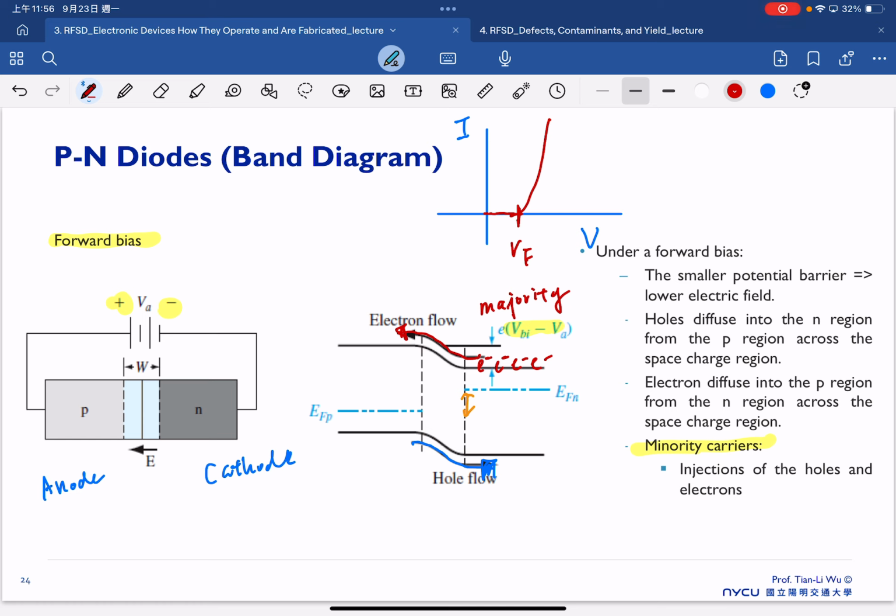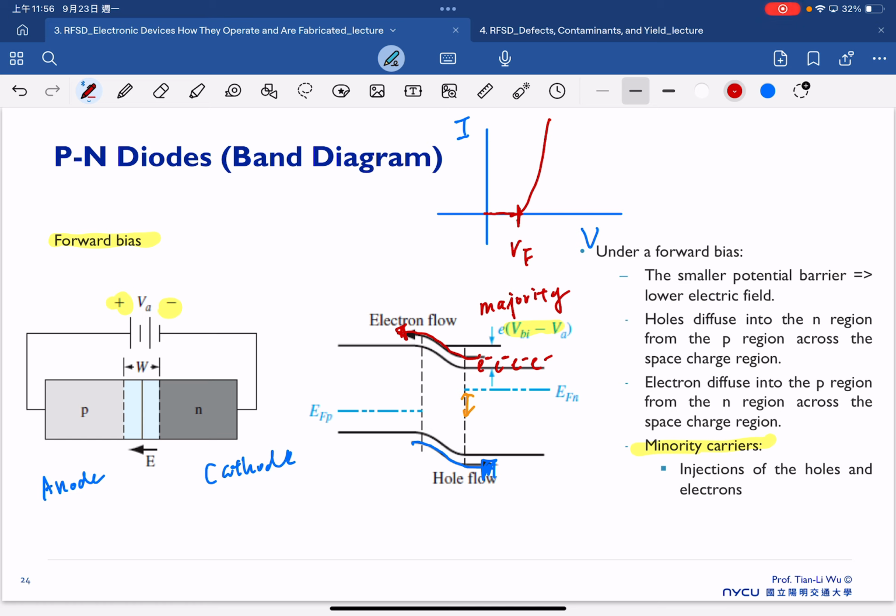So the term majority and minority, if you look at the Mandarin textbook, they just translate it as 多数载子 or 少数载子, but it is sometimes very confusing because 载子, carrier, is already kind of confusing. Then we put 多数, 少数, and that's another confusing part.